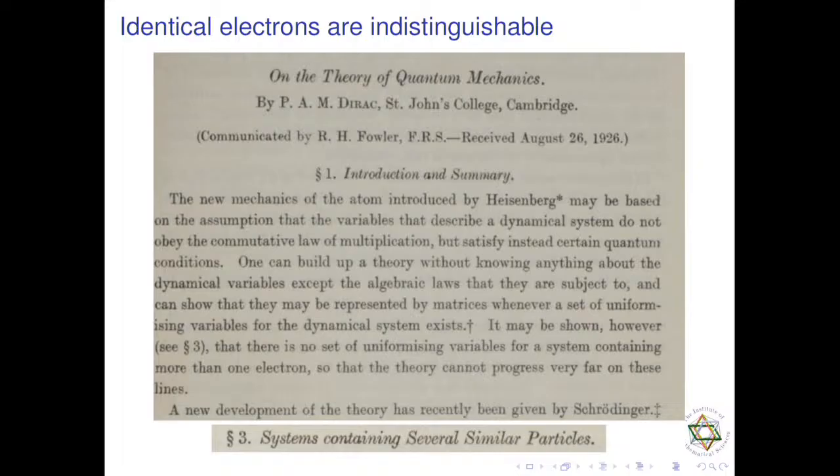This is the paper by Dirac, where he puts together Heisenberg and Schrödinger's work. He also discusses the issue of identical particles being indistinguishable, in particular electrons. Section 3 is where he goes on to discuss many particle systems.